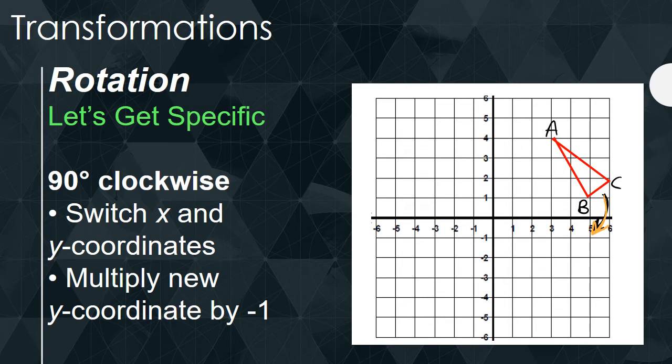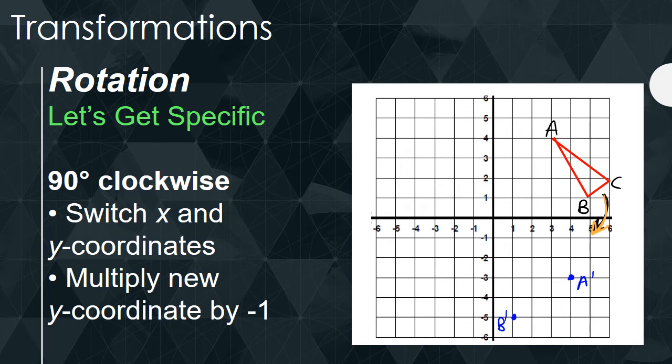So for A prime, it's going to be +4. So we're going to the right 4, and now we're going to go down 3 and label that as A prime. B prime, we're going to the right 1 and then down 5. So there's B prime, and then let's find C prime.